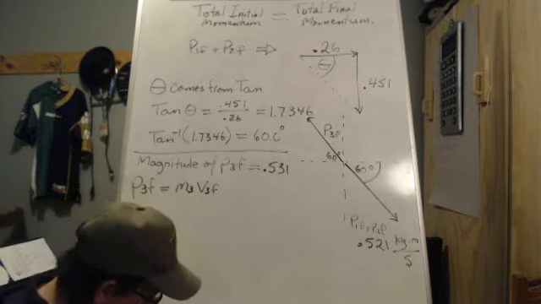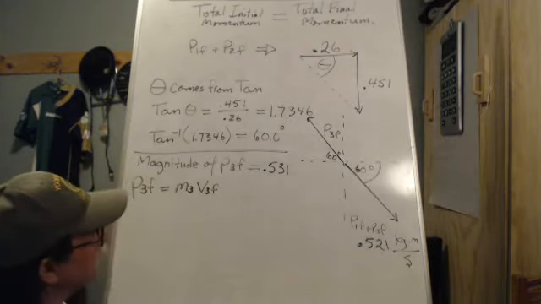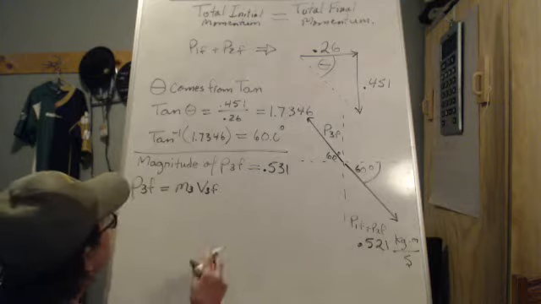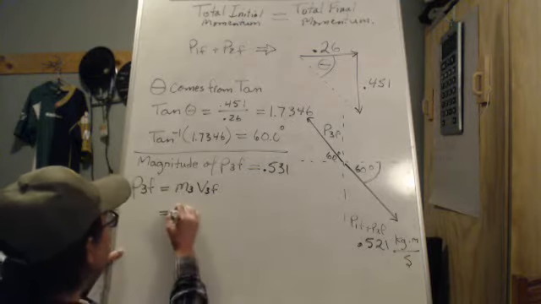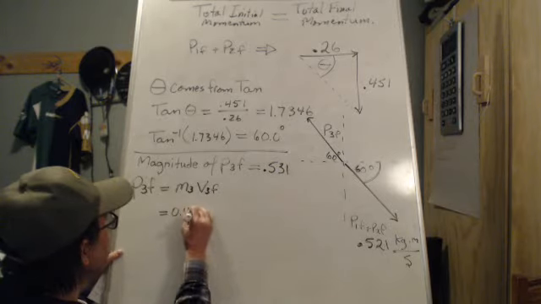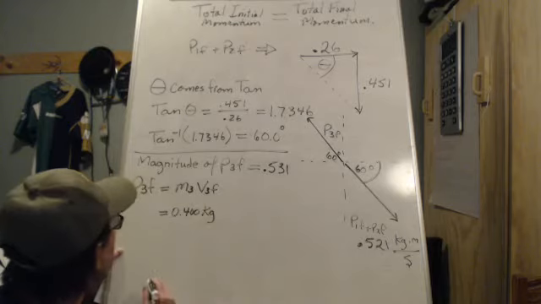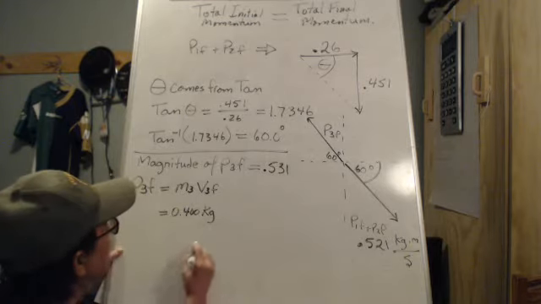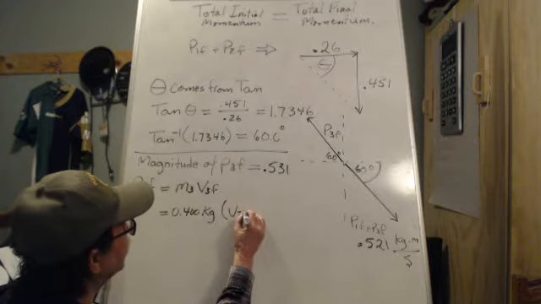Now, we weren't given mass 3 directly, but if you go back into your notes, you'll see that mass 3 must have to be 0.400 kilograms. Okay, and then we have our unknown V3F.